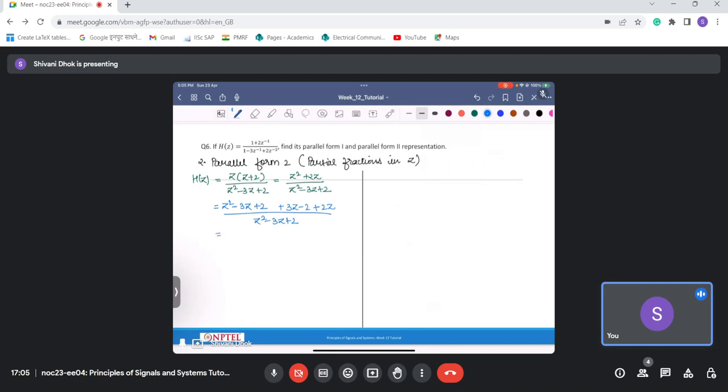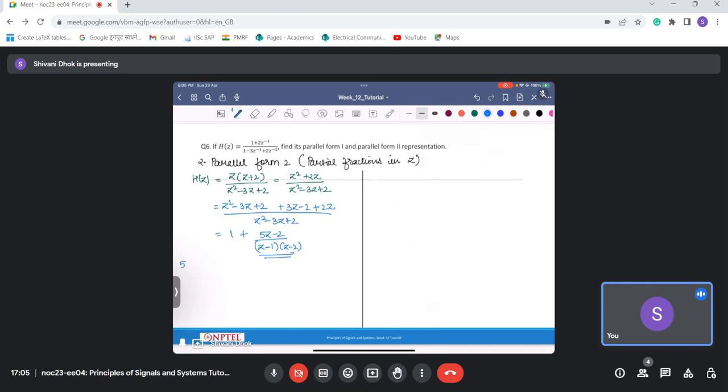So this I can write as 1 plus (3 plus 2), 5z minus 2 upon (z minus 1) into (z minus 2). Now what I'll do, I'll try to obtain the partial fractions for this part.